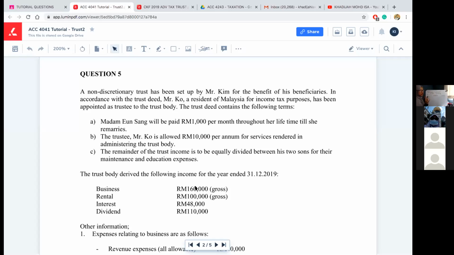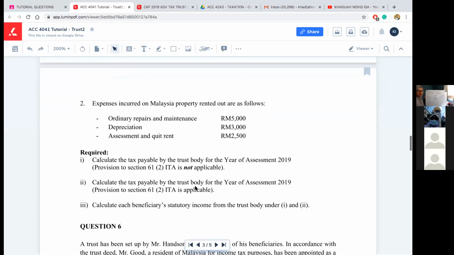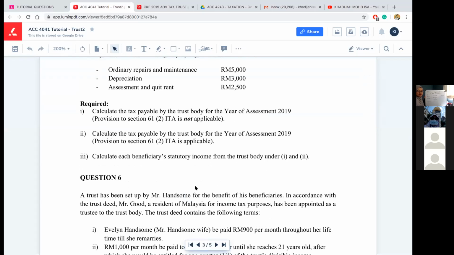It's always assessed at gross, which means 233,500 divided by 2, assessed at 116,750 each. The difference is that later we have tax credit. Section 110 set off is the same.